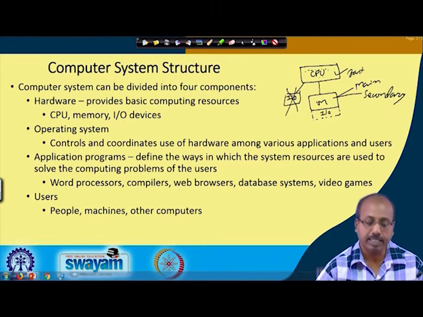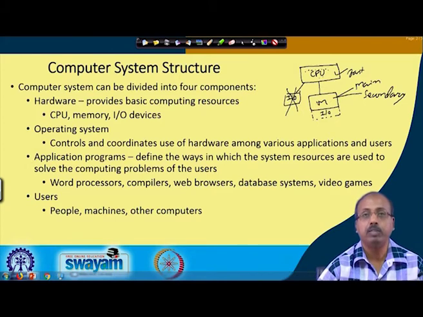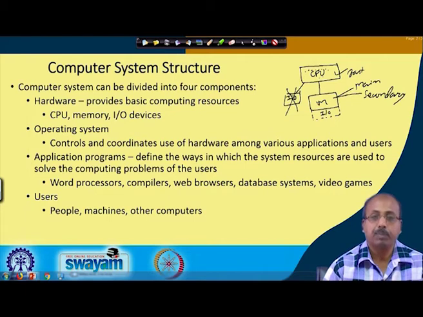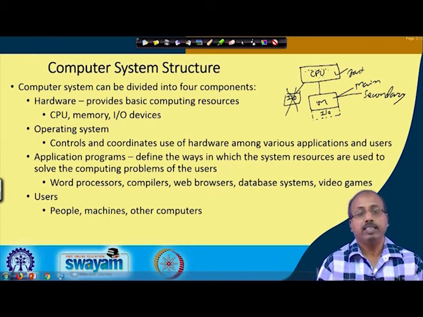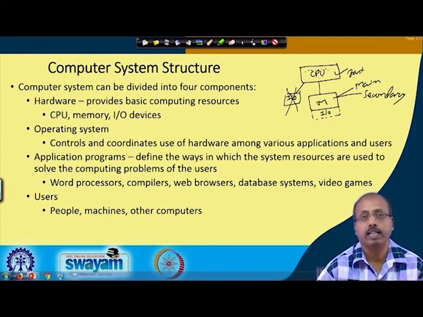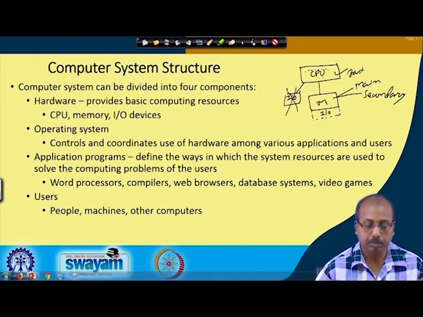It is again a set of programs that allows us to develop a further set of programs that may be doing more specific computation, like word processors, compilers, web browsers, database systems, video games. They are the next level of programs on top of the operating system, and they make user program development easy.